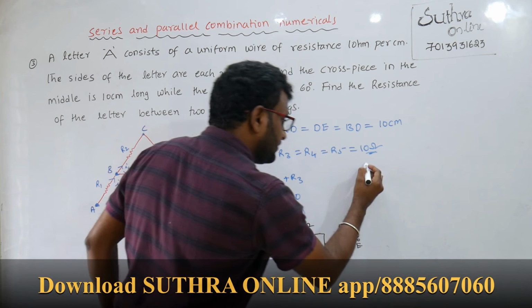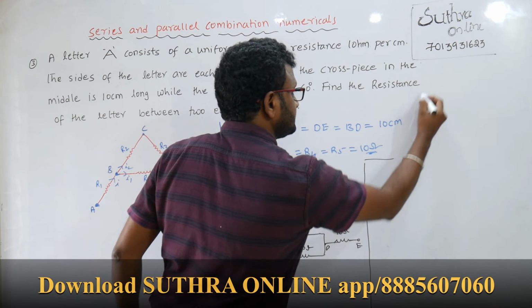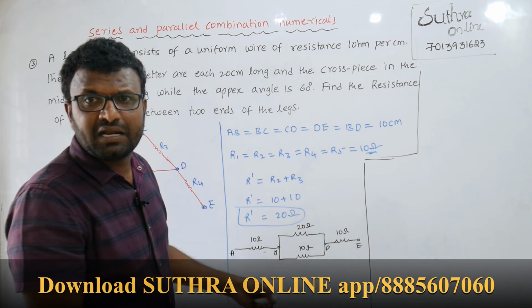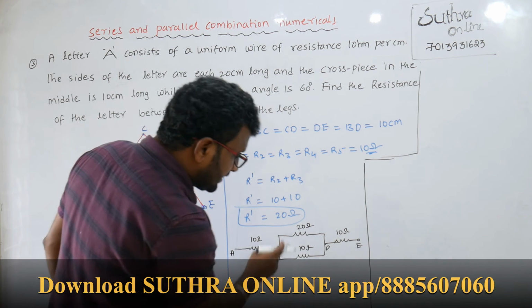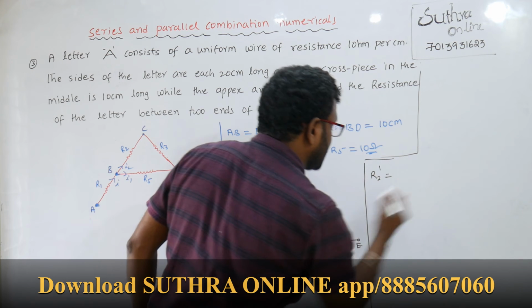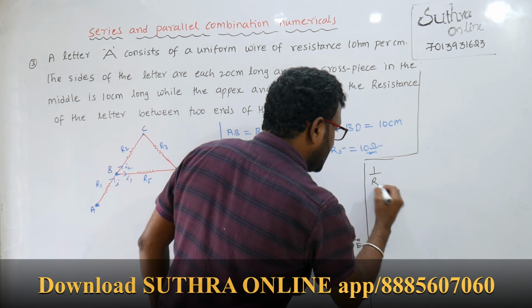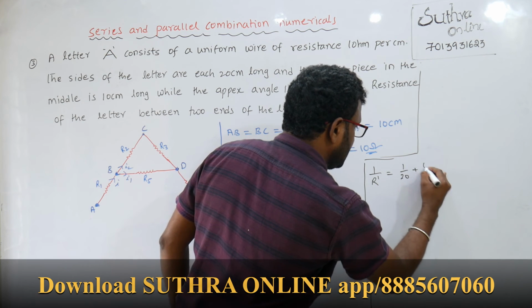Now, what will the effective resistance be here? These two are parallel to each other. So 1 by R dash is equal to 1 by 20 plus 1 by 10.